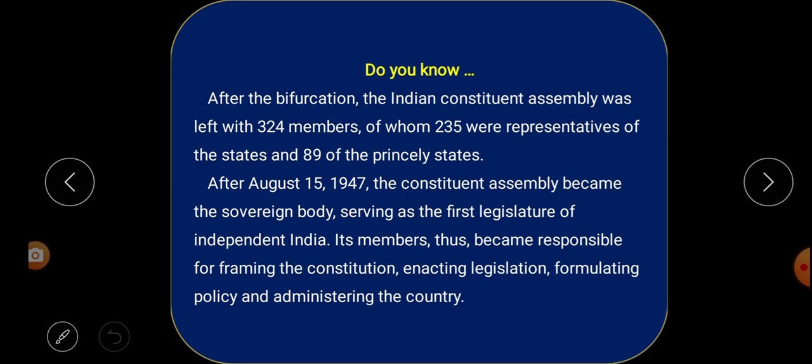Next, its members, which members? That means this Constituent Assembly's members became responsible for making the constitution, implementing the legislation or law. Next, formulating or making the policy and administrating the country.